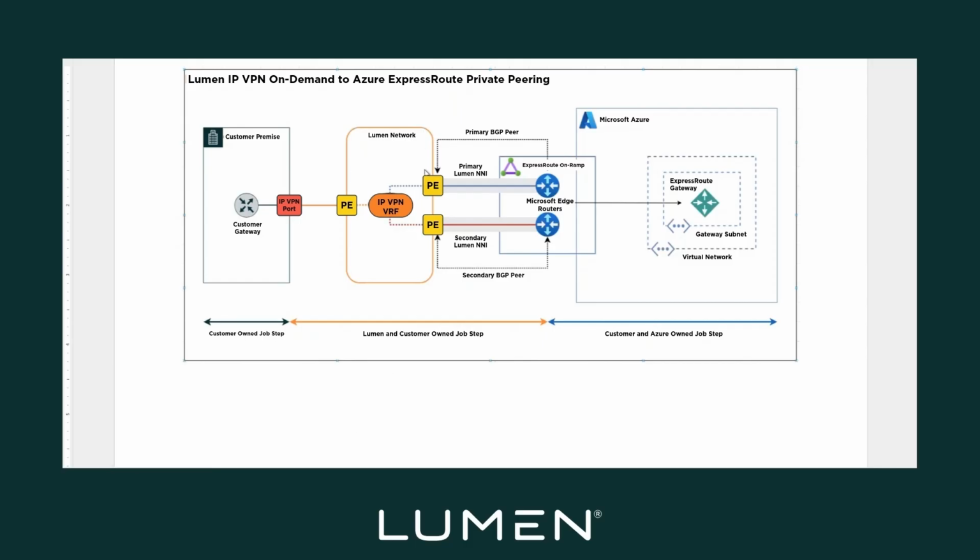So the task at hand is to create a connection between Azure and an MPLS network, this IP VPN VRF. This virtual routing and forwarding instance, the VRF, exists within Lumen, and customer premises are connected to that VRF via provider edge connections, the PEs, to IPVPN ports at the customer location.